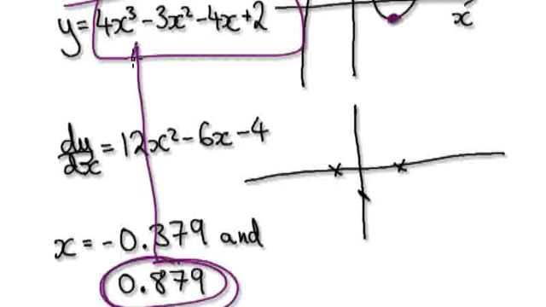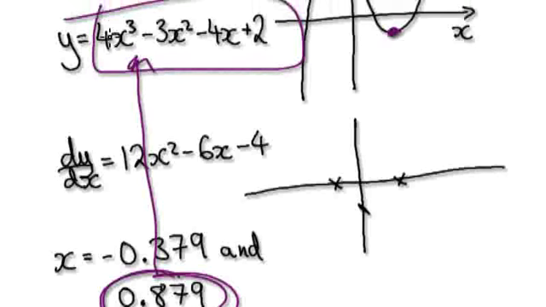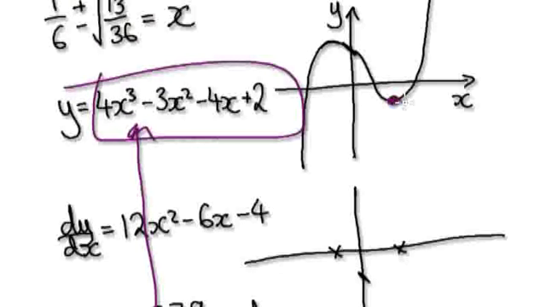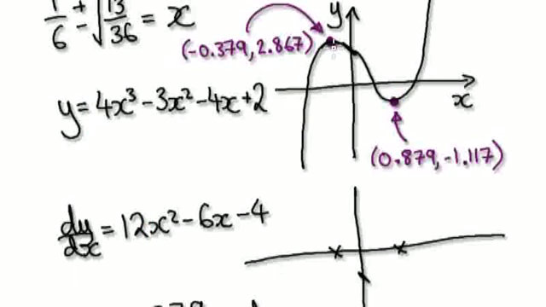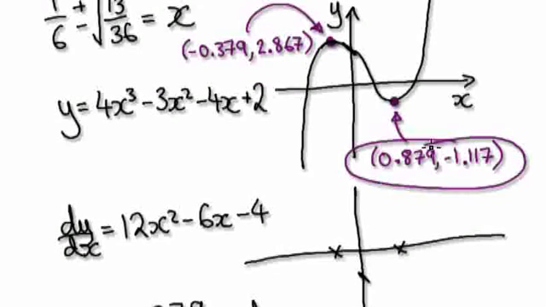Put this into this thing here and it will give you a negative value, so you know that the turning point is below the x-axis. As it turns out, the coordinates for this turning point are given by this. And then the coordinates for this point here are given by this.